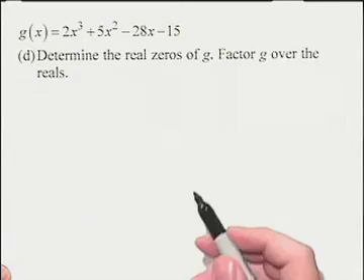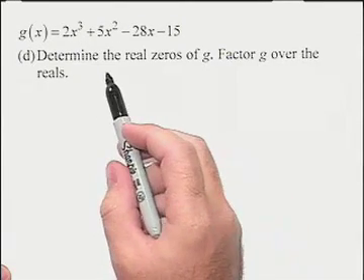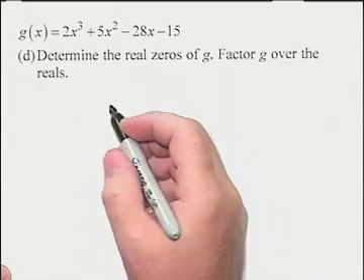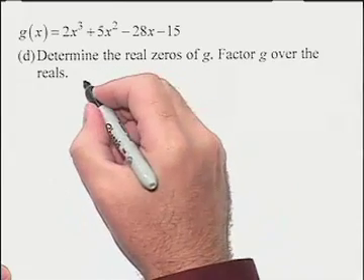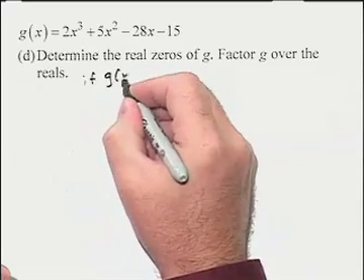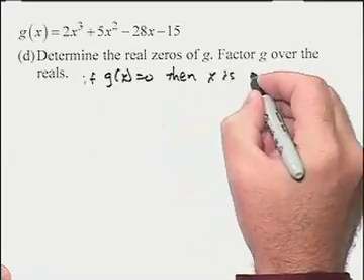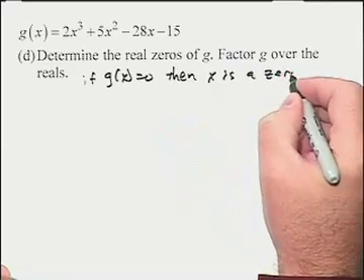Now we're asked to determine all the real zeros for our function g, and then factor g over the reals. For this part, we're going to use the fact that if g of x is equal to 0, then x is a 0 of our function.